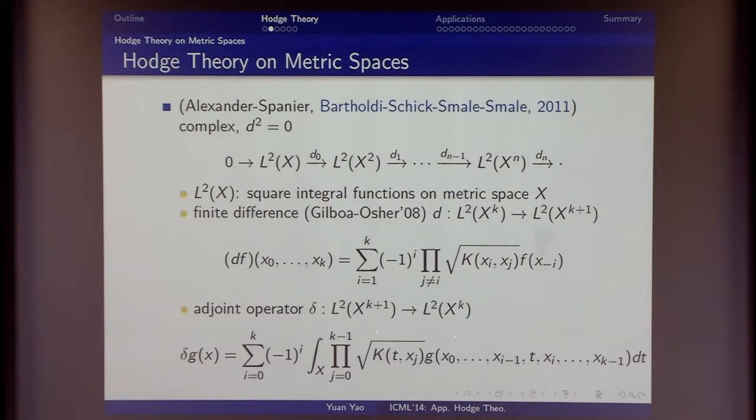And you can define the adjoint operator. Basically, they are integral operators. Following this direction, you can also find that d squared must equal 0, and the Hodge decomposition algebra naturally carries over here.